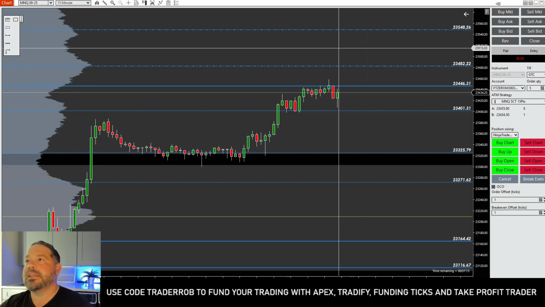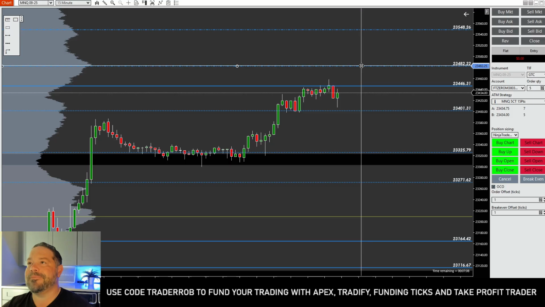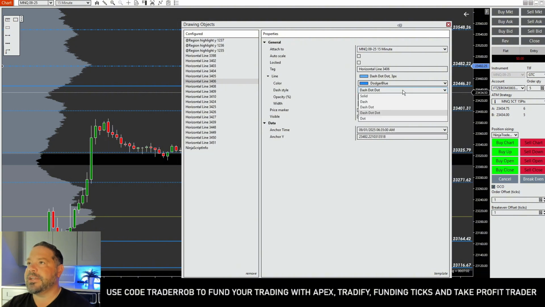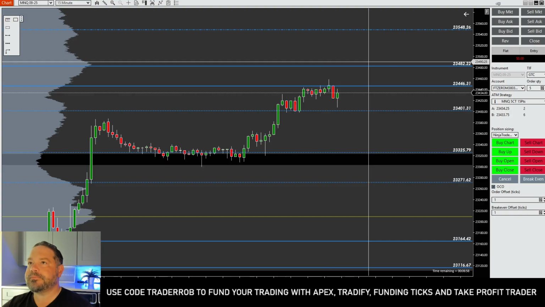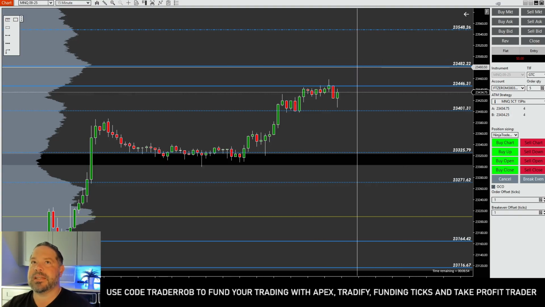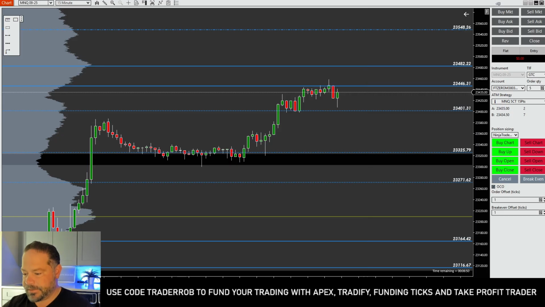Not much is sitting at the 23,482 right now. So again, not really in, even though the volume profile's got an area of a lot of contention. I'm going to bring this back down to solid, and kind of monitor this as we get price action going right back up into it. Let's see what else we've got here.